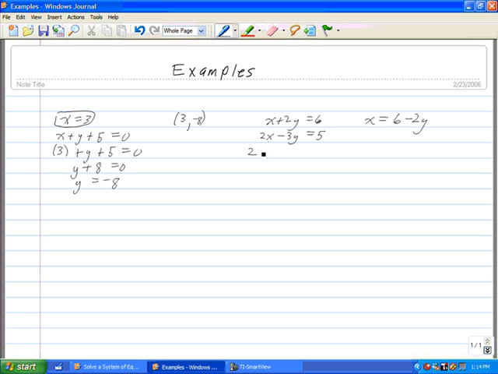So I'm going to come down and use the substitution technique just like I did before. But with this technique, the idea is you're going to try and get this equation from two variables down to only one by substituting in what you know x to be equal to. But this time, we don't have a numerical value for x.